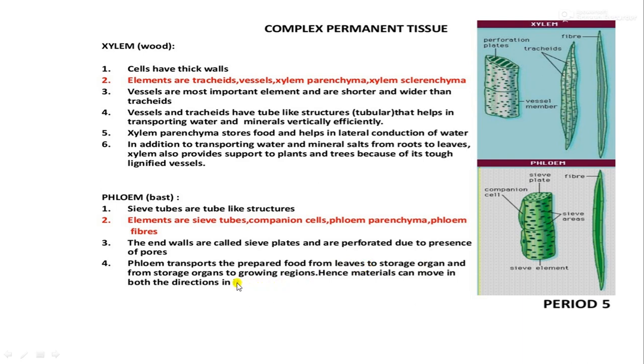And also from storage organs to growing regions. Hence materials can move in both directions. Xylem transport is unidirectional, but phloem transport is bidirectional. Upward and downward movement is possible, whereas in xylem it is from root to leaves.